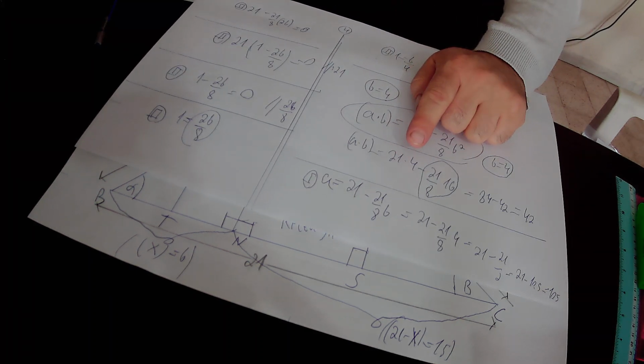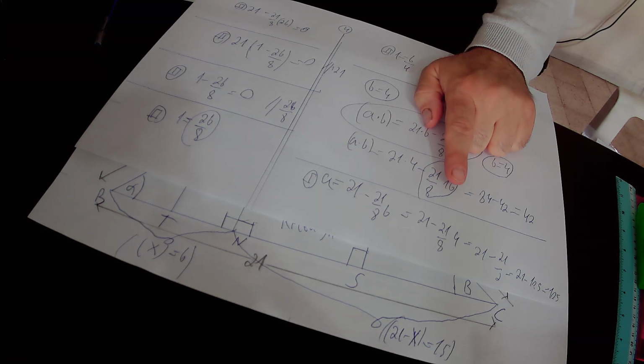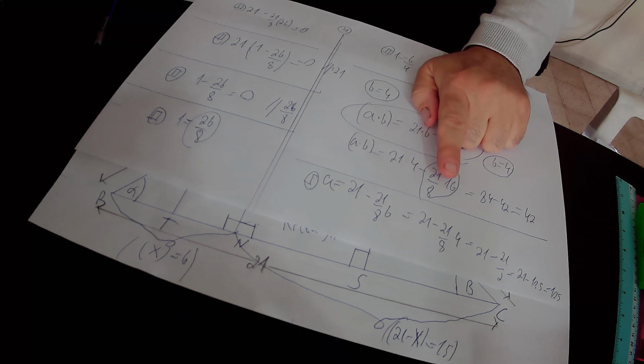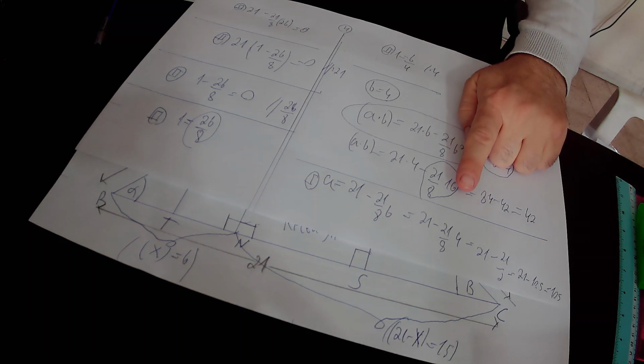So the length equals 21 minus 21 over 8 times B, and B is 4, so substitute B by 4. So it is 21 minus 21 over 8 times 4.